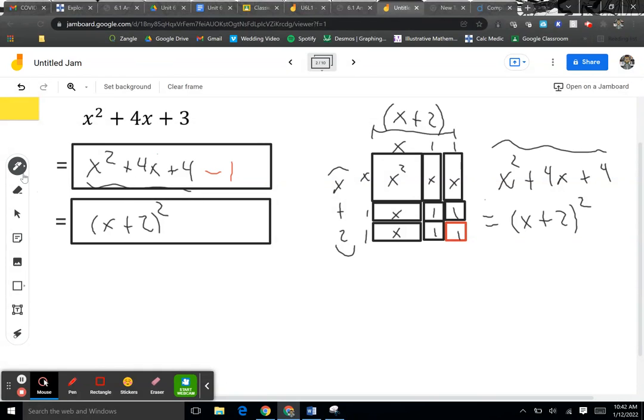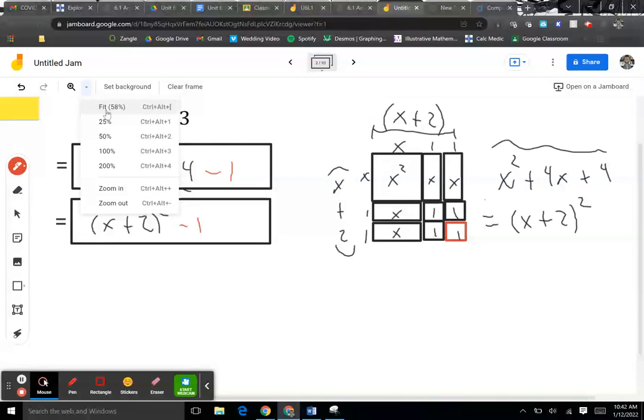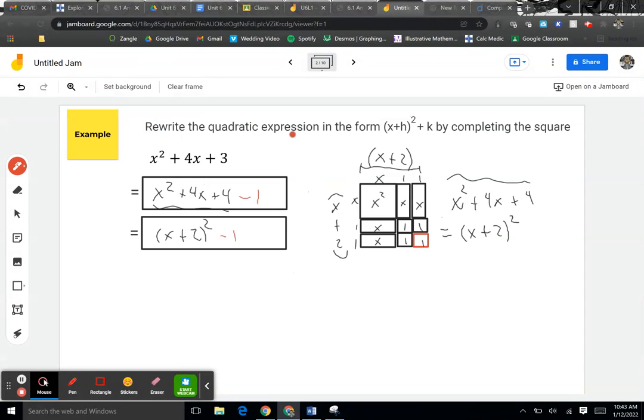And then we just have this minus 1 still hanging out here, representing that 1 square that was too short in order to complete it. And we have now accomplished our goal. We have rewritten the quadratic expression in this form, (x plus h) squared plus k. Sure, this is a minus. Technically, this is plus -1 if you wanted to rewrite it with a plus right there. But I'll leave it as -1. Same thing.